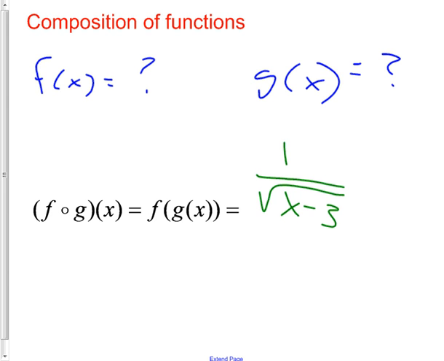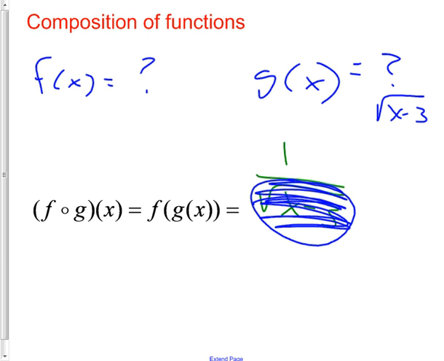You look for anything that looks like a separate chunk that could have been plugged into the other function. Like this right here is a separate chunk that I could separate out and make the g of x. And if I take that out, it was put into an empty spot, which is where an x would have been. And so 1 over x must be what this was.